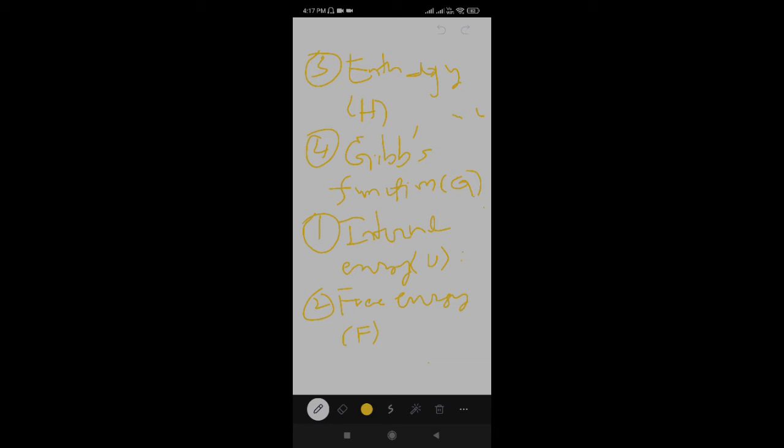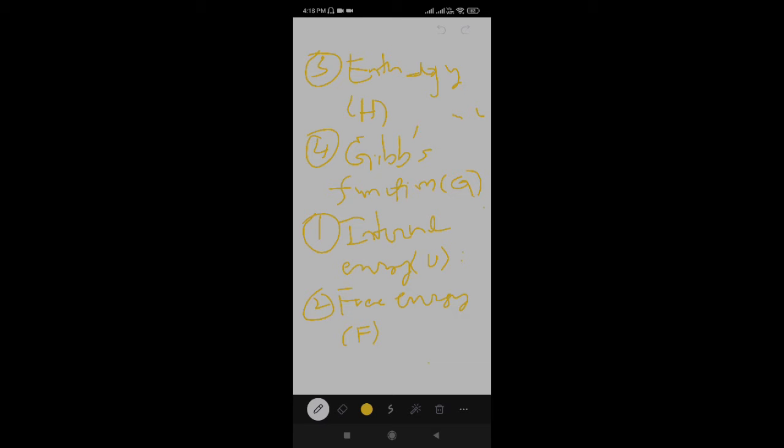These four thermodynamic potentials are functions of these independent parameters from the set of pressure, volume, temperature, and entropy. That means you may express all these functions in terms of P, V, T, S. Now we are going to define these thermodynamic potentials one by one.